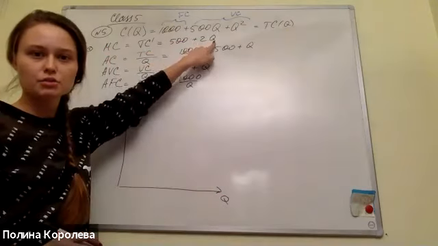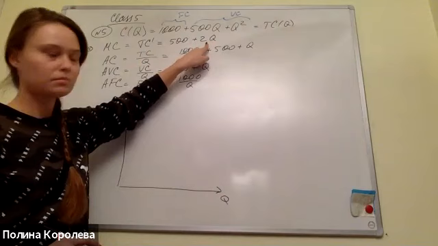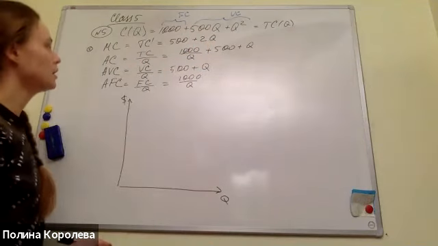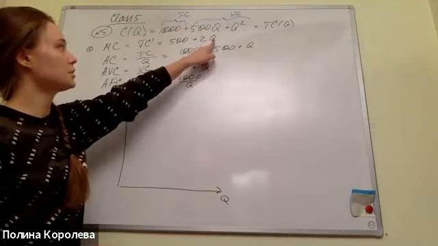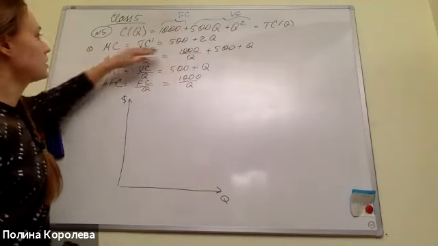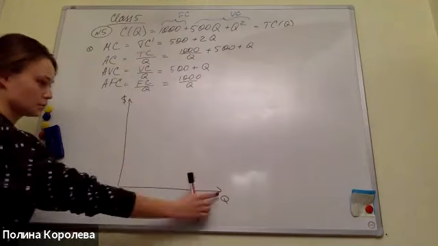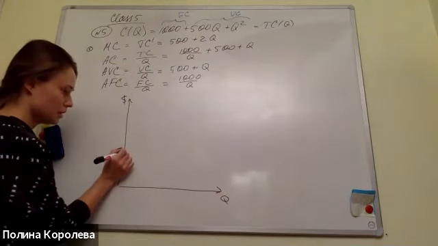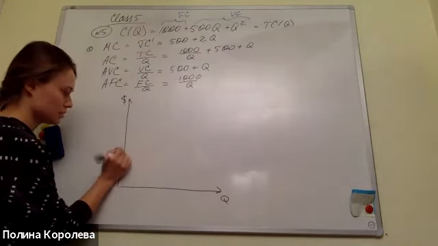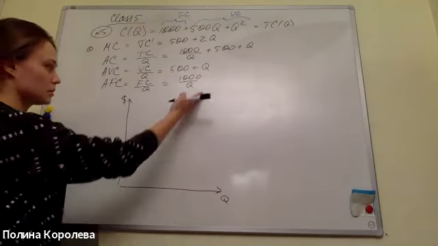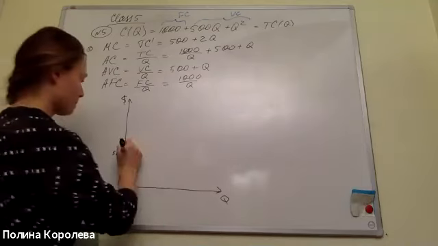It's a linear function with positive slope. So if quantity is equal to 0, marginal costs are equal to 500. And then a line with positive slope.